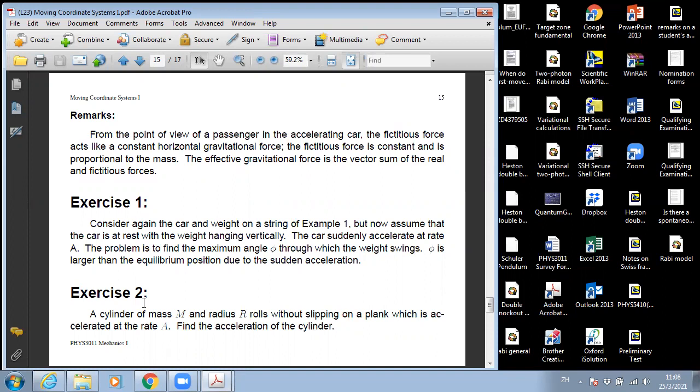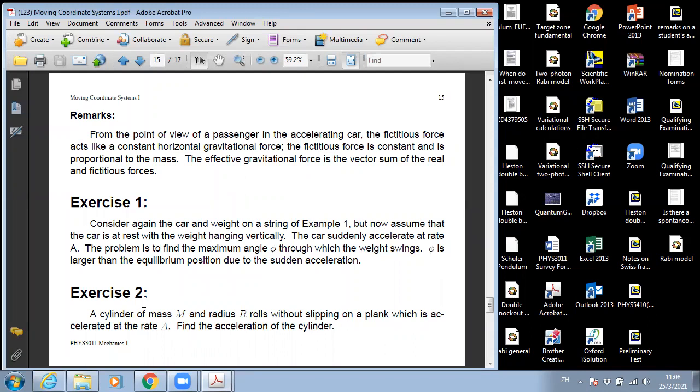So we go into the uniformly accelerating frame and treat it in the same way as a cylinder rolling without slipping in the presence of a fictitious force. Am I right?